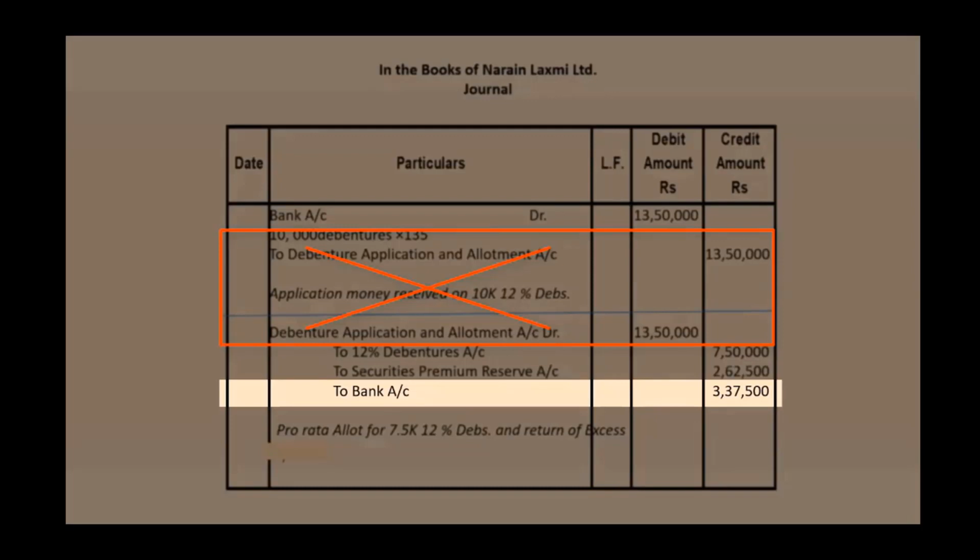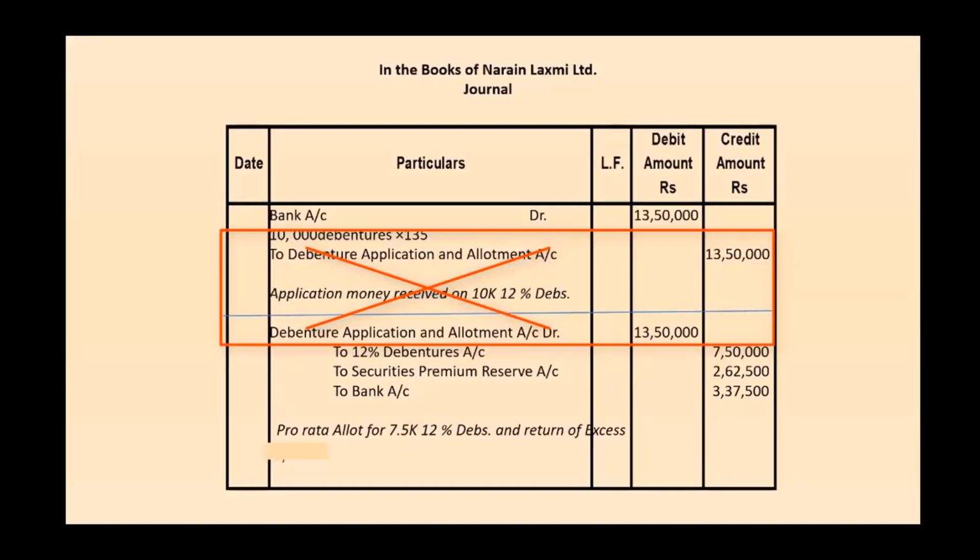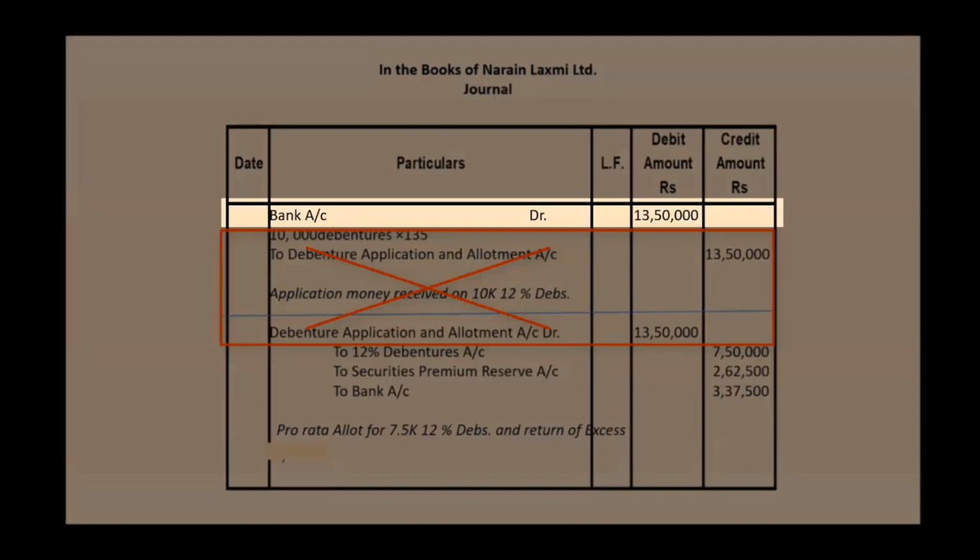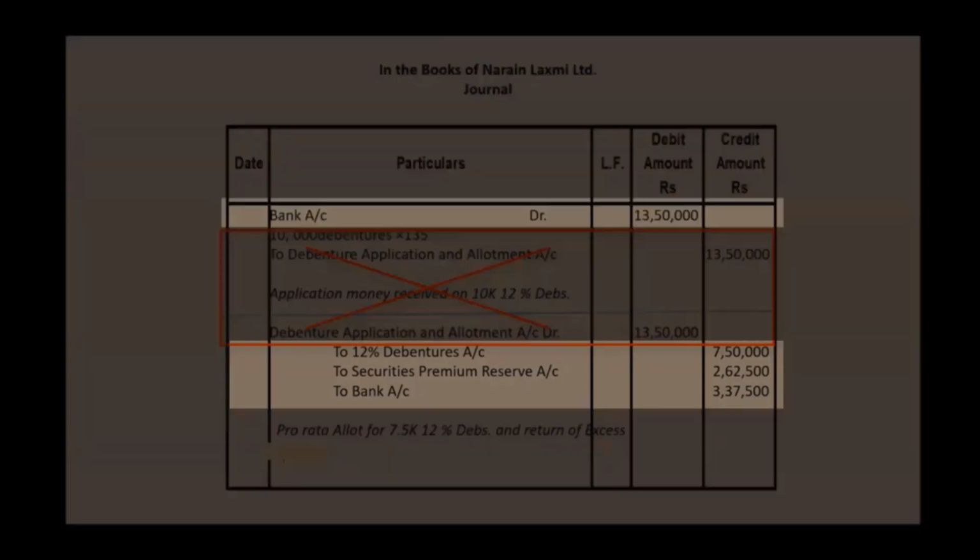With the closure of the temporary account, the net effect of the two entries is that all of the amount that has been received is recorded in the bank account, and each of the distinct accounts for which it was received in the first place is credited separately, as it should be.